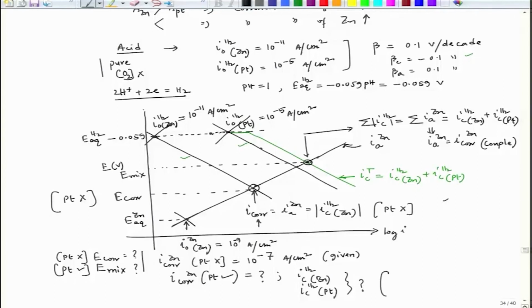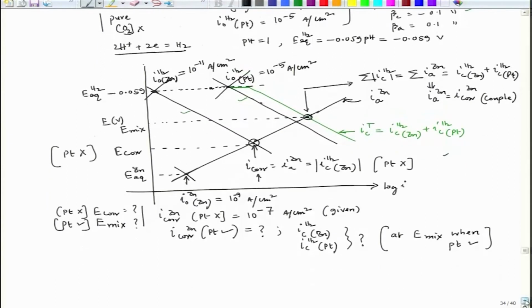We have to find out at E mix when platinum is present. So, we have to solve this. In order to solve this, we have to go step by step.